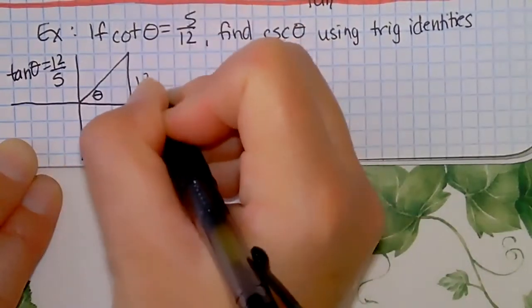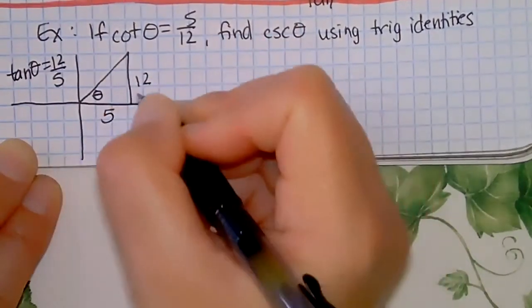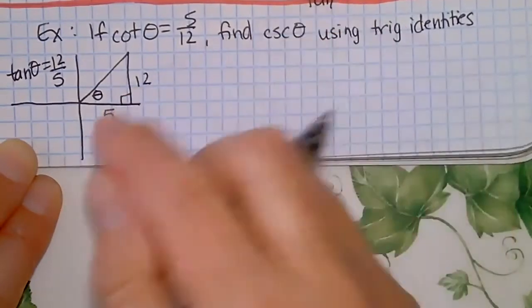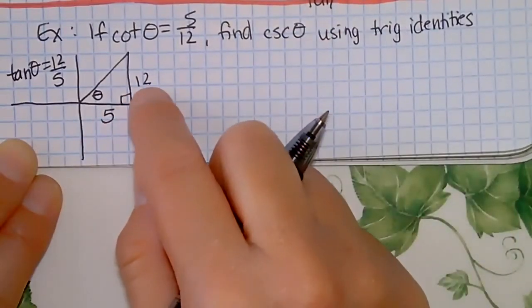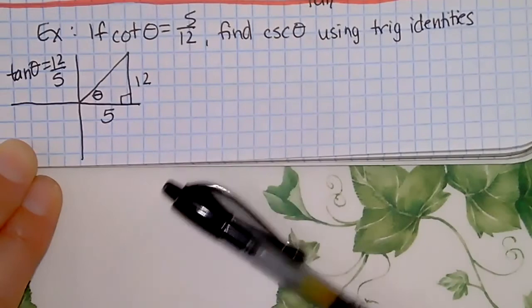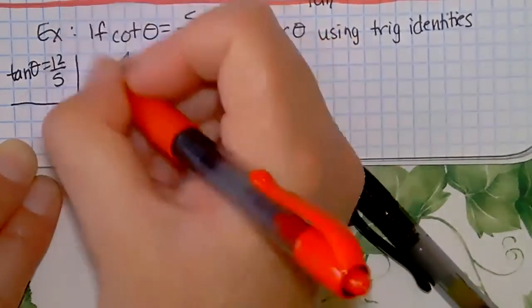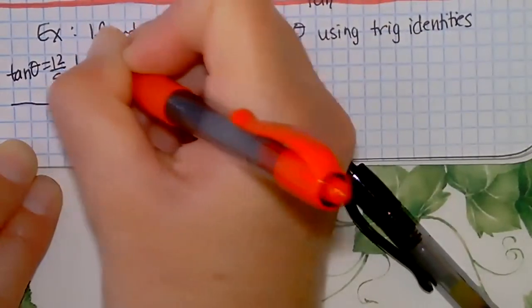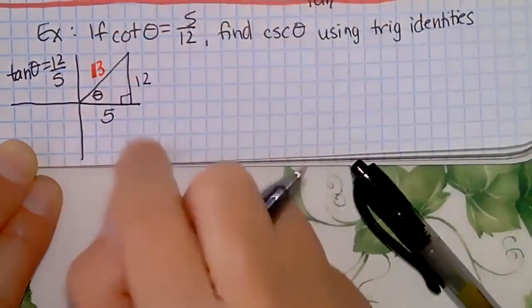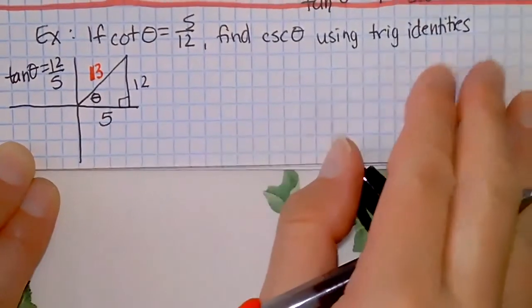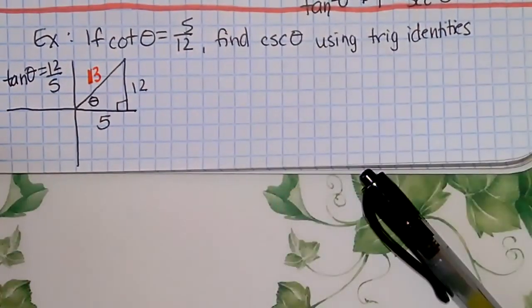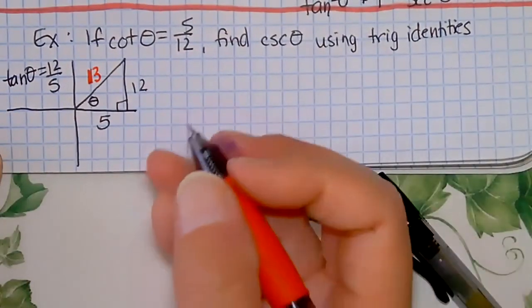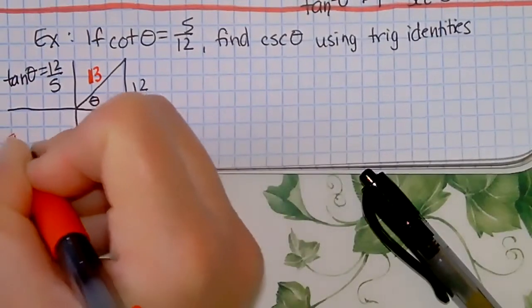Opposite is 12, adjacent is 5. And then I can use Pythagorean theorem, 5 squared plus 12 squared, to figure out this. This actually is one of the nice triples. This is 5, 12, 13. So I'm going to save us the time and just tell us it is a 13. But again, I use Pythagorean. Now they want us to find cosecant. Well, cosecant is the reciprocal of sine.